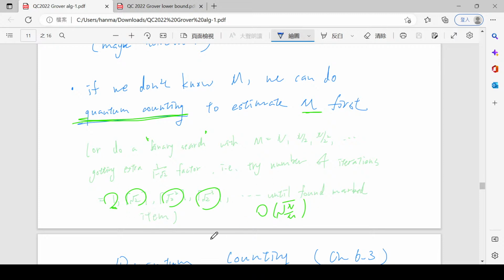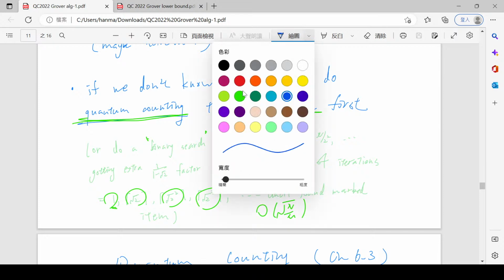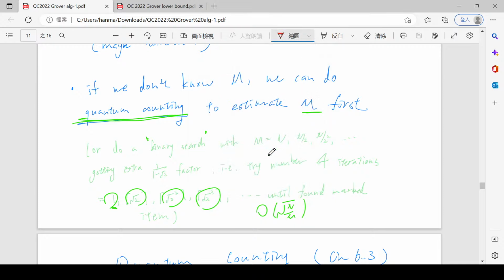And these don't actually give you more scaling, not even a log factor. You just need an extra constant factor, which I actually wrote wrong. Let me use red. When you run this, the extra thing you need to do is sum over a geometric series.